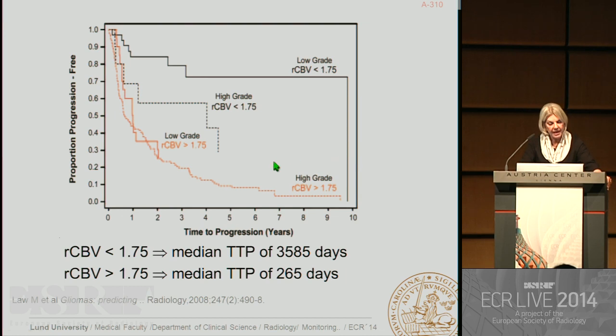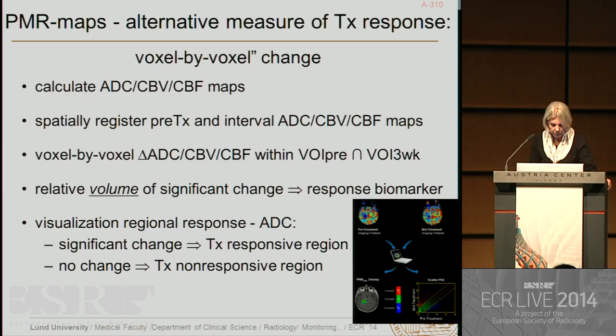But that was the same for high-grade tumors with the same low cerebral blood volume at baseline, compared to low-grade tumors or high-grade tumors that had higher values. So depending on the cerebral blood volume value at baseline, you have the possibility to predict the overall survival and time to progression. And it doesn't necessarily only have to do with high or low grade of the tumor itself.